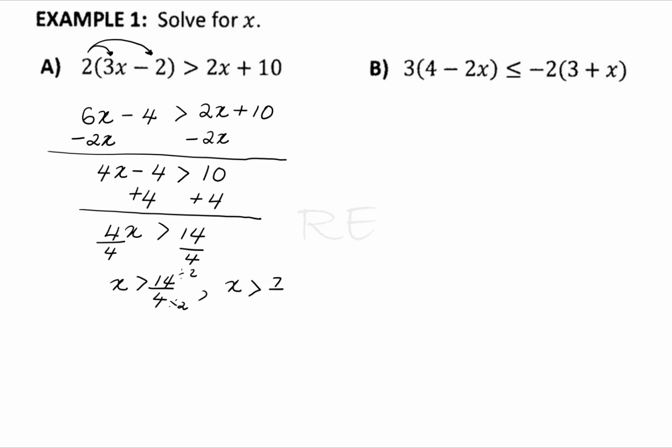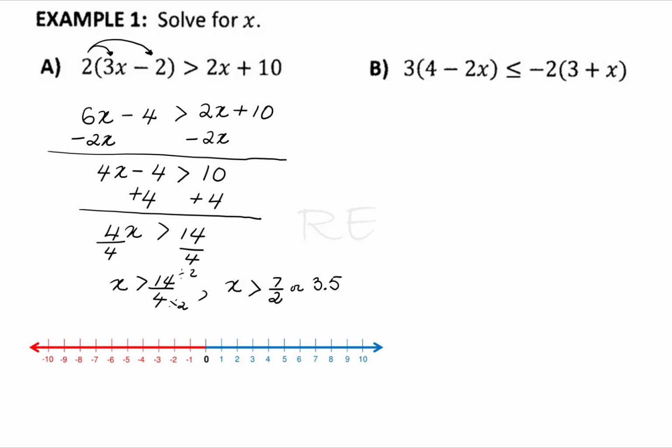X is greater than 7 over 2. 7 over 2 is 3.5. We'll choose 3.5 between 3 and 4, halfway between 3 and 4. That's the location of 3.5. Empty circle at the point because it's not included, strictly greater, and we'll take the values to the right of 3.5.